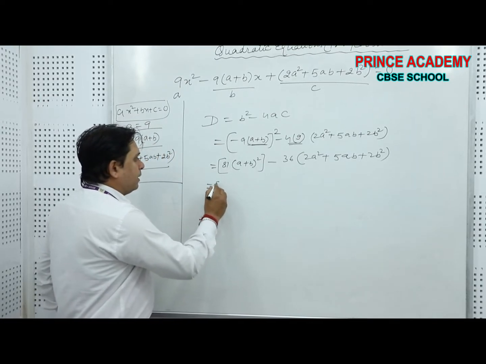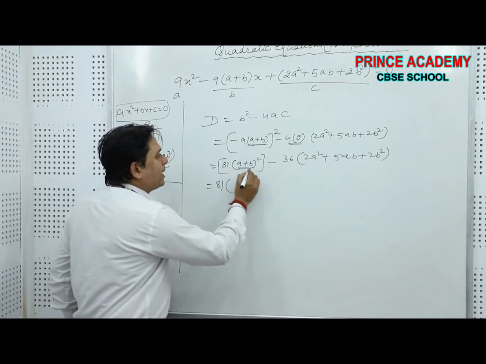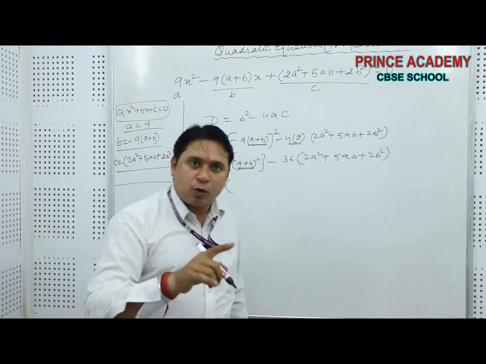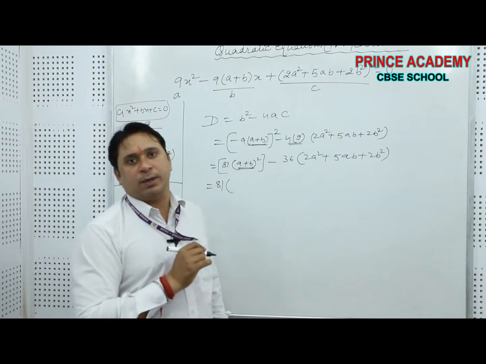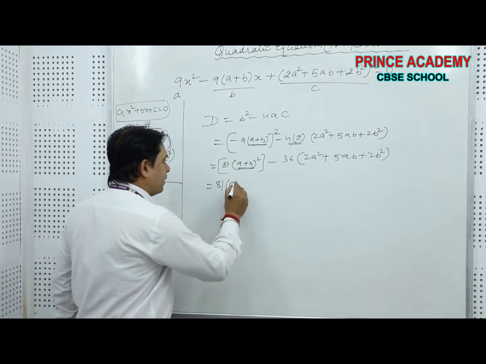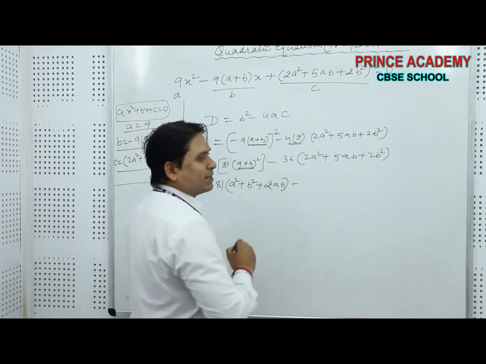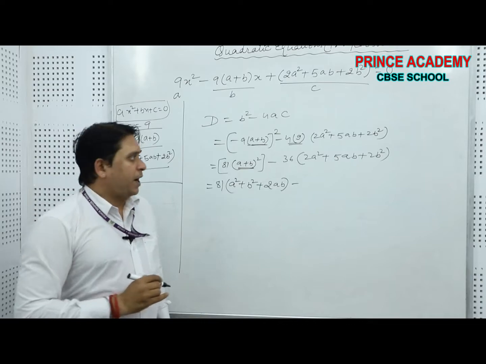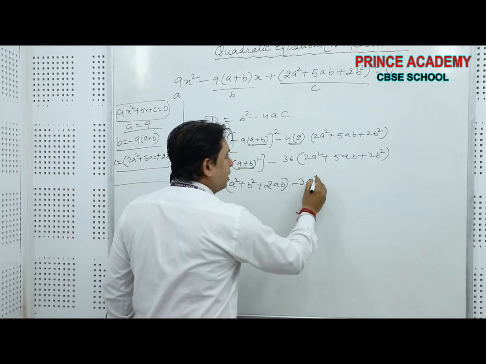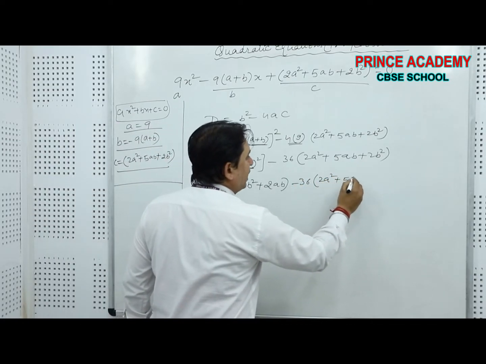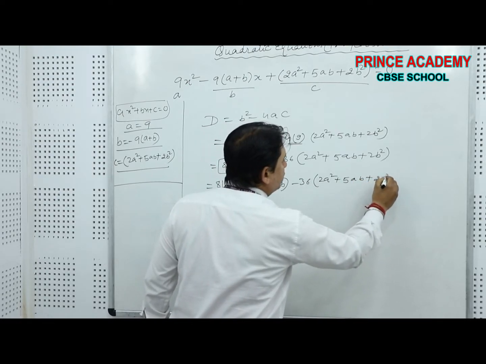See, 81 into (a plus b) whole square, a square plus b square plus 2ab, minus 36 into (2a square plus 5ab plus 2b square).